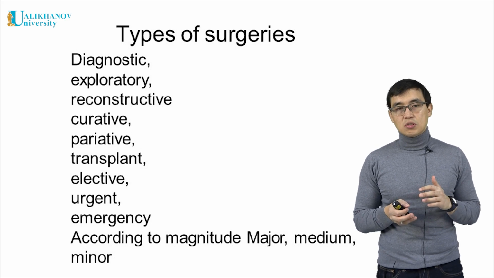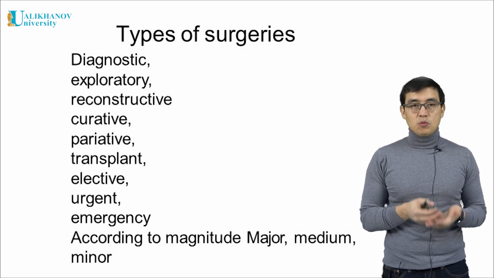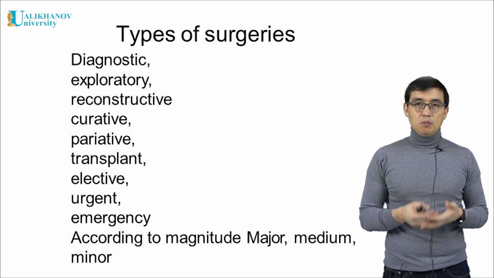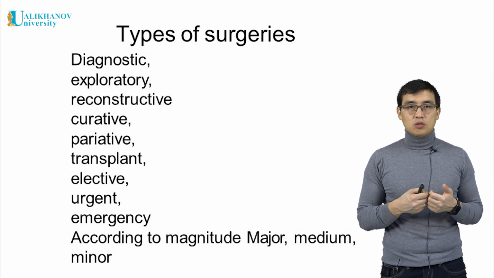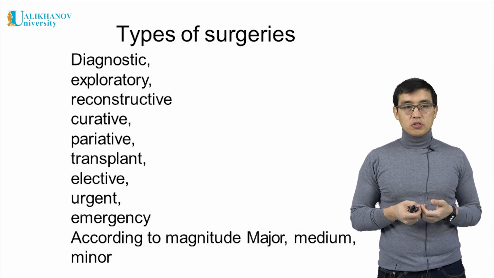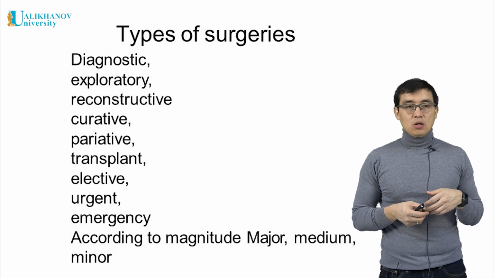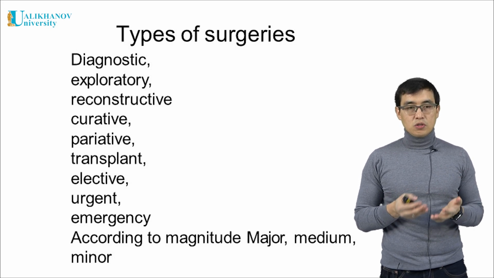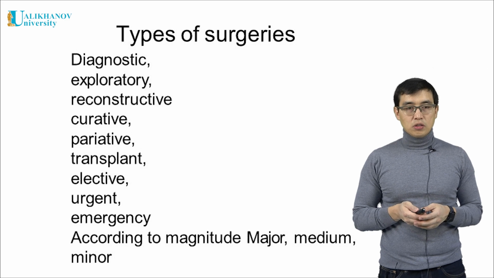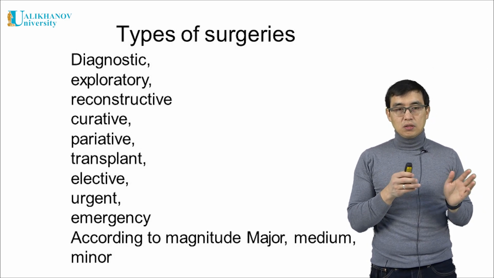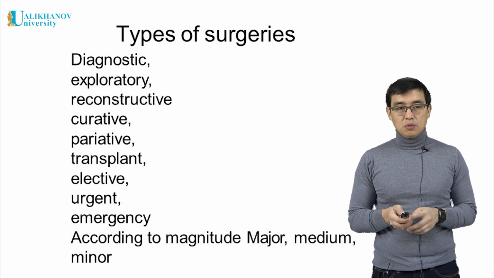So what is the difference between urgent and emergency? Emergency is a type of operation performed immediately when the patient comes to your department. Urgent, it's an operation for which we can prepare the patient. According to magnitude, it can be major, medium, and minor.